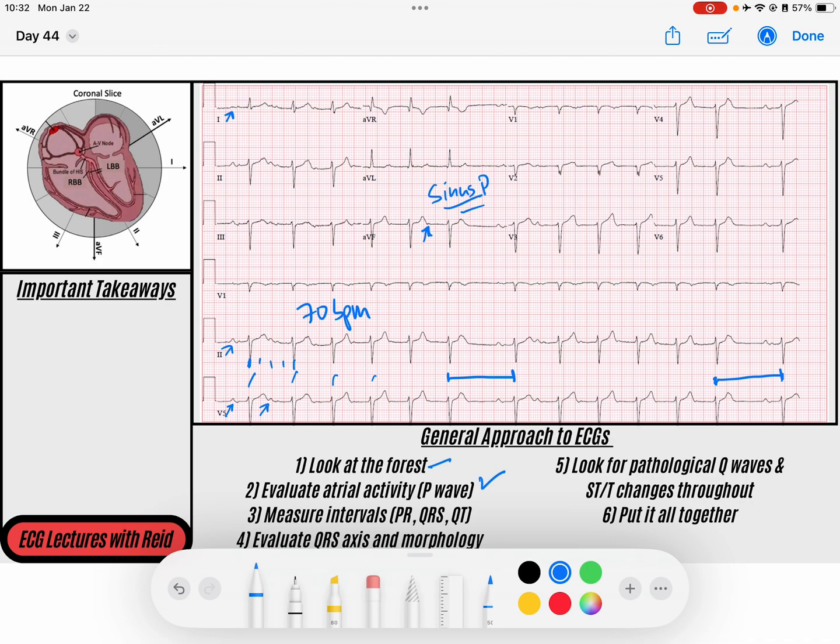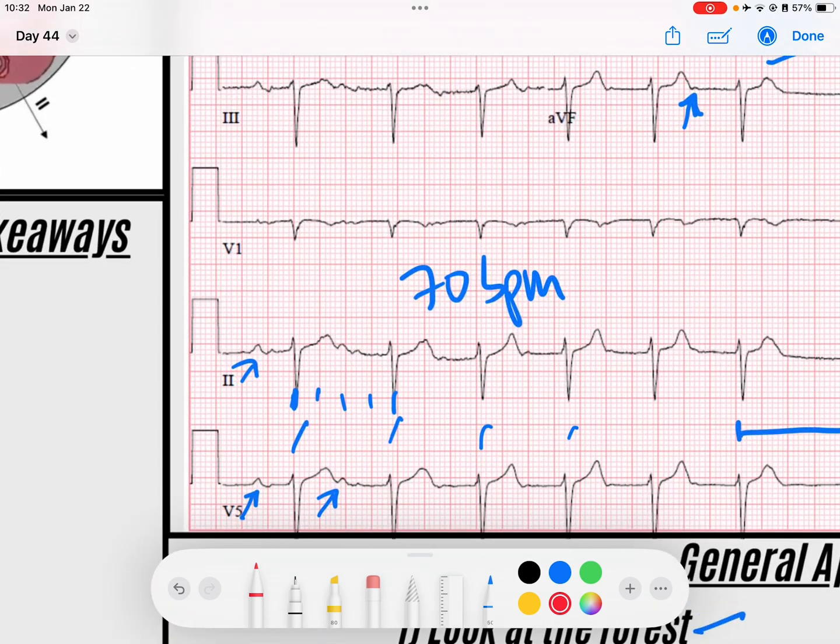The next thing I look at is my PR intervals. This is where I'm going to start to figure out why there is this gap. We're going to skip a couple of steps to work through this. Initially my PR interval is prolonged. It's greater than 200 milliseconds, which means that there's at least a first degree AV block going on.